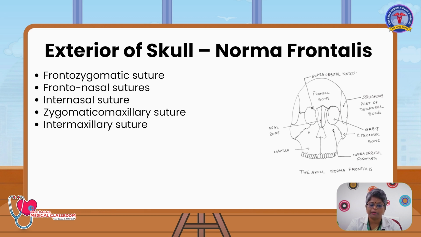Then the junction between the nasal part of the frontal bone and the nasal bones, which is called the frontonasal suture. Then between the two nasal bones, there is a suture known as the internasal suture. The junction between the maxilla and the zygomatic bone forms the zygomaticomaxillary suture. And between the two maxillae, it is called the intermaxillary suture.